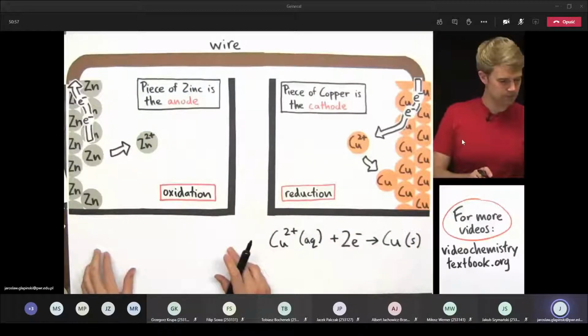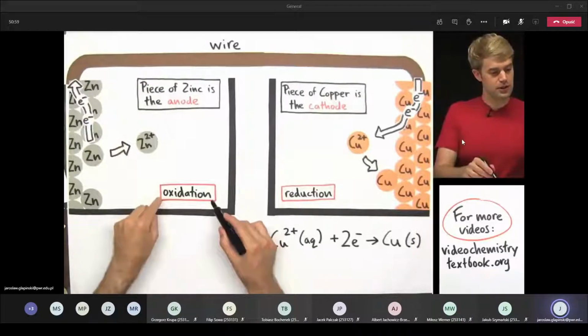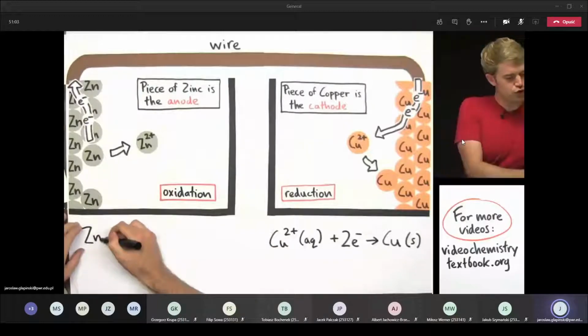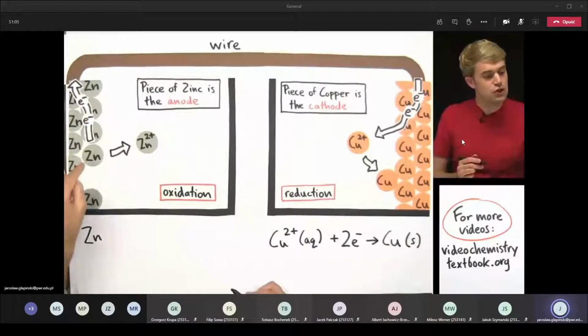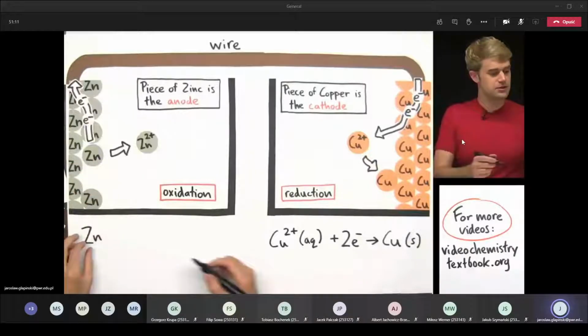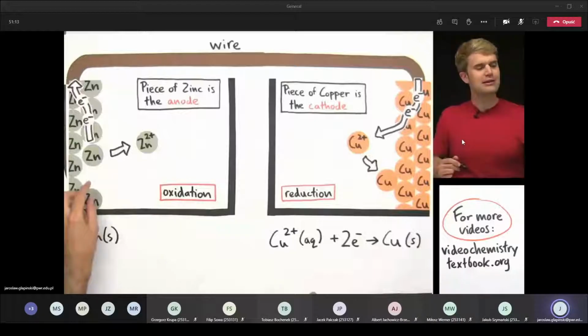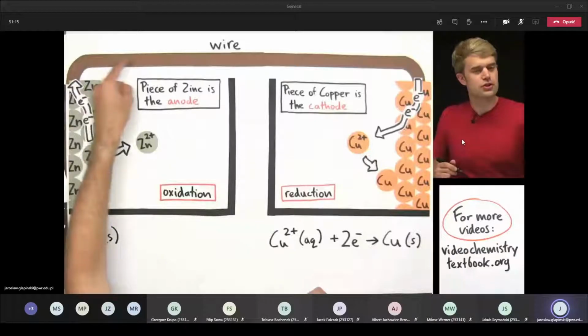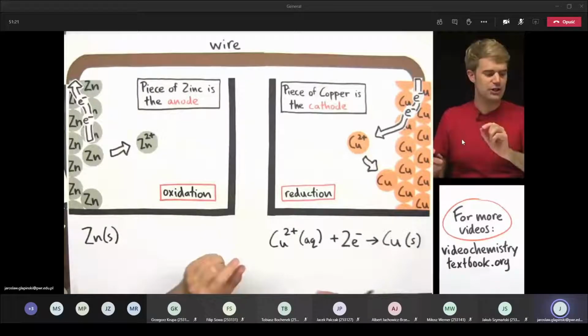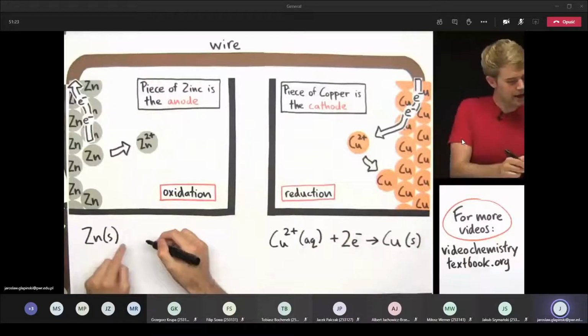Over here, the reaction for the oxidation process. We start out with a neutral zinc atom. And this neutral zinc atom is part of the solid piece of zinc. So I'm going to put this s here for solid. Now it loses 2 electrons. To show that we lose something in a chemical reaction, we put it on the other side of the arrow. Okay? So I'm not going to write anything right here.